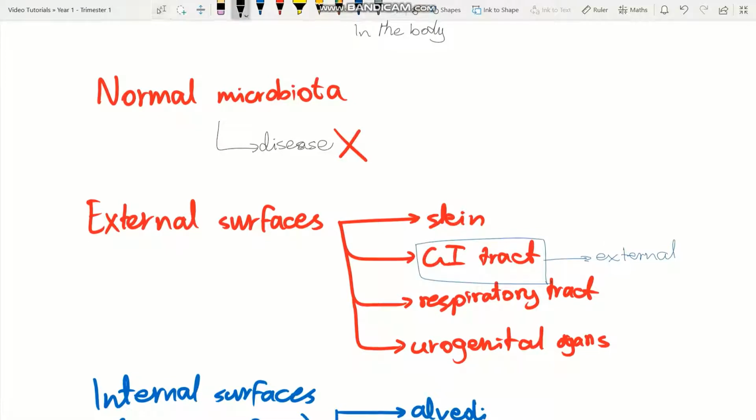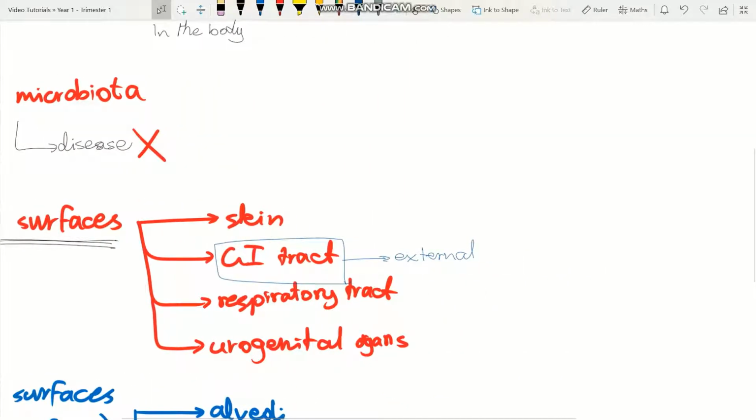Let's focus back on external surfaces, because interestingly, there are some external surfaces that do not contain any microbiota. These include the stomach, for example, and also the bladder. So why don't these particular places have any microbiota present? Well, the stomach, as we all know, is a highly acidic environment. So microbiota are usually not able to survive in this environment because of the extremely low pH. And a similar argument applies for the bladder.